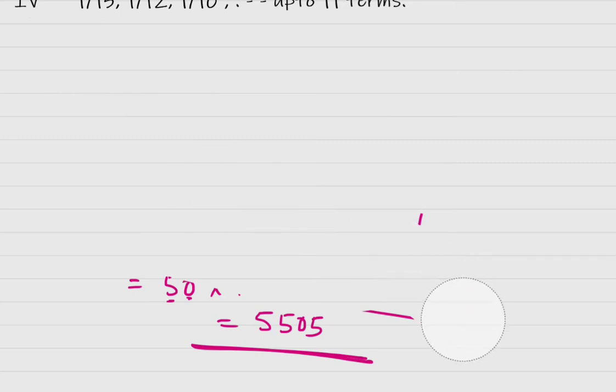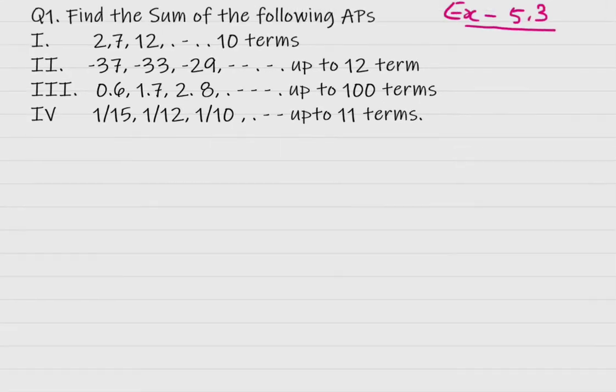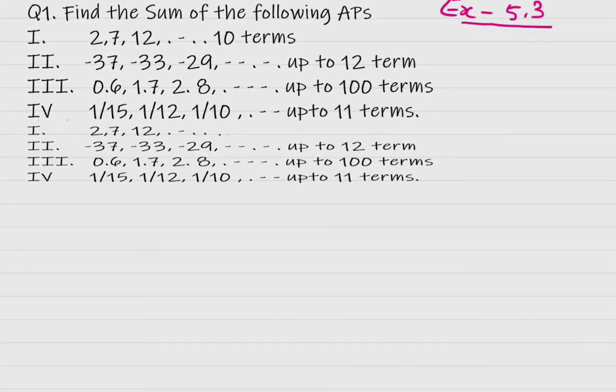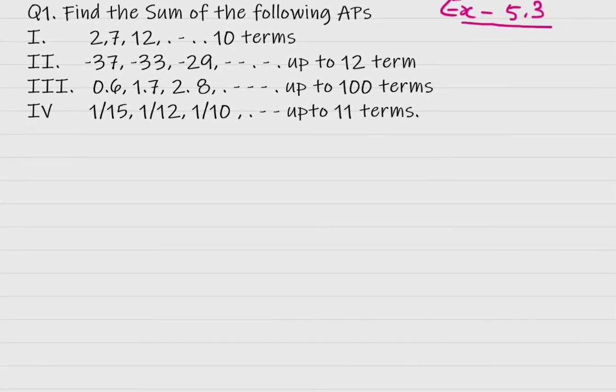Now let us see our last question, last AP. What is given in the last AP? It is 1 by 15, 1 by 12, 1 by 10 up to 11 terms. Let us see here, A is equal to how much? A is equal to 1 by 15 and you have to see D. D will be equal to 1 by 12 minus 1 by 15.